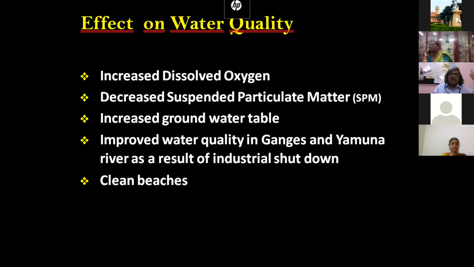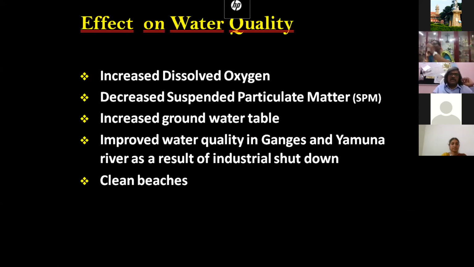Now coming to the water quality. Very interesting studies have been conducted in our country, especially on the water quality in the rivers Ganges and Yamuna. These are the most polluted rivers.